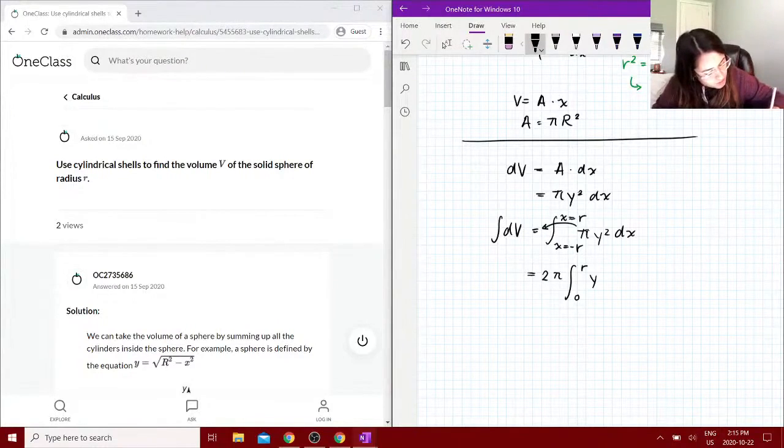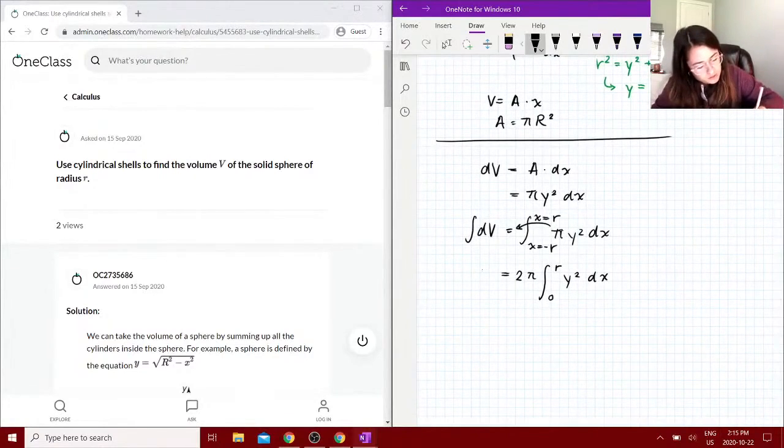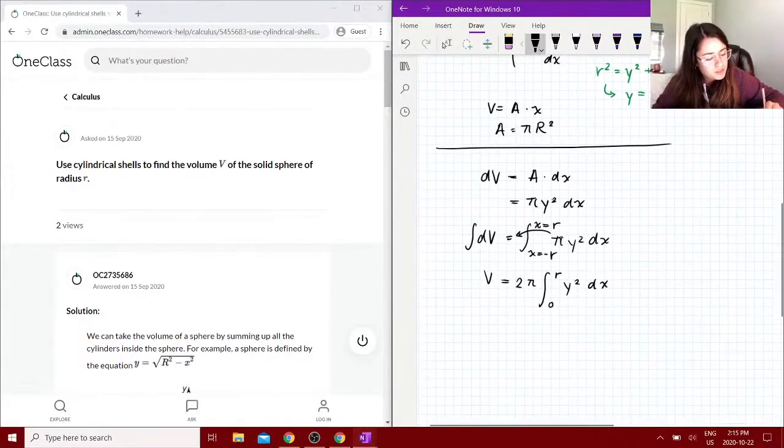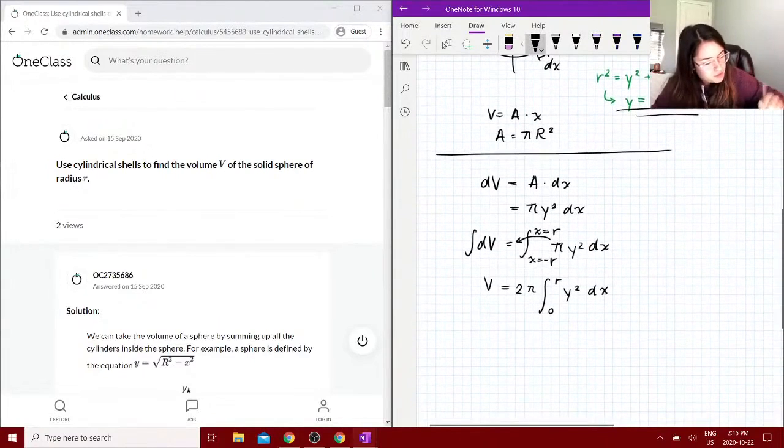And then what we have inside that we can now evaluate is the y squared dx. And also the integral of dv is just v. Okay, so what we can do here, remember we wrote y differently here, right? So in fact, I didn't really even need to take the square root. If you rearrange it like this, you get y squared equals r squared minus x squared.